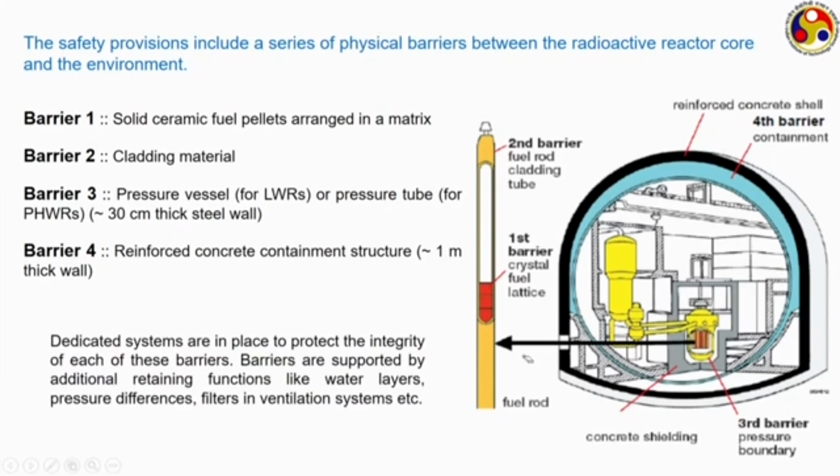Of course, all these barriers or protection layers have their own dedicated systems to protect their integrity, and the barriers are supported by different retaining functions like water layers, pressure differences, filters in ventilation systems, etc., but the main objectives are being performed by these barriers.